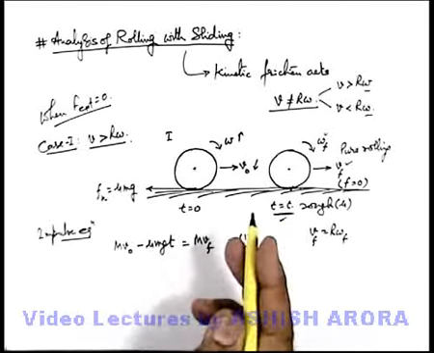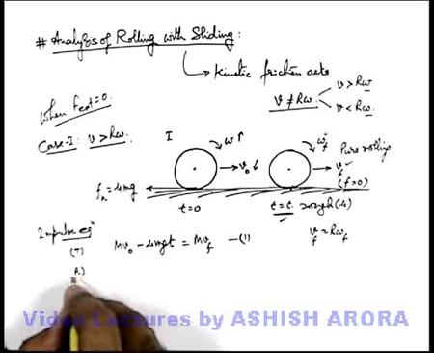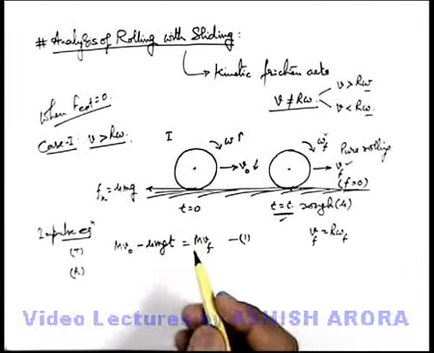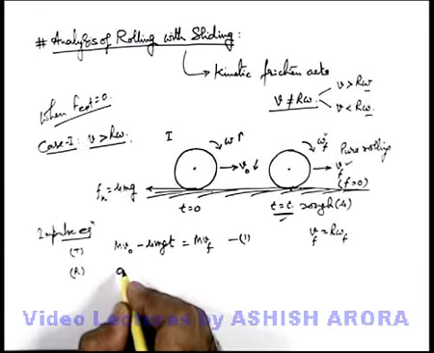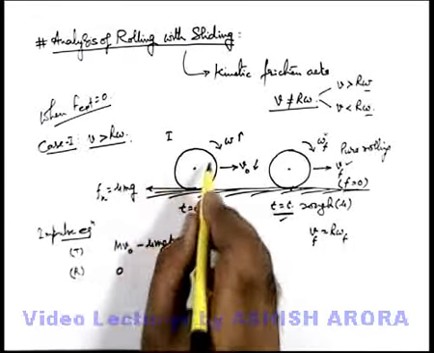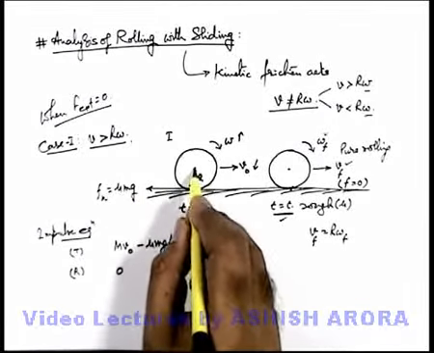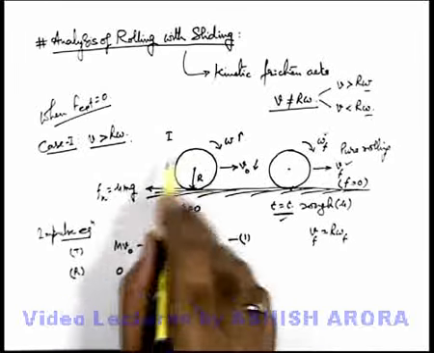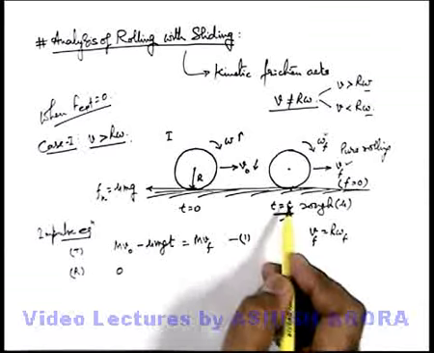For rotational motion, as no angular momentum was there, the initial angular momentum I can use as 0, and the torque applied due to friction will be mu mg r, if r is the radius of this body, and this torque is also acting for the period 0 to t.